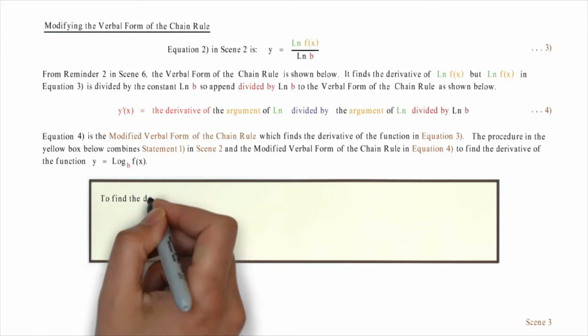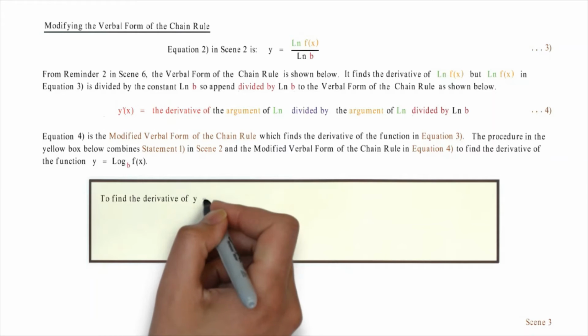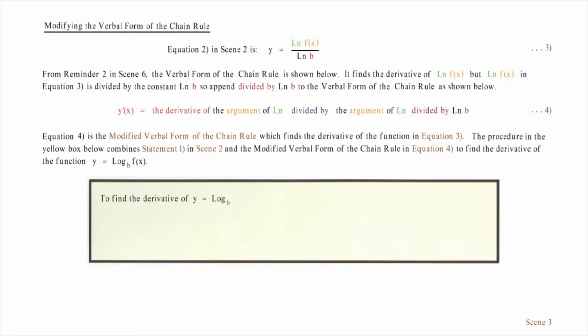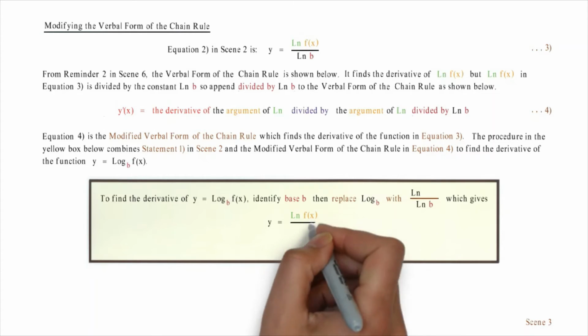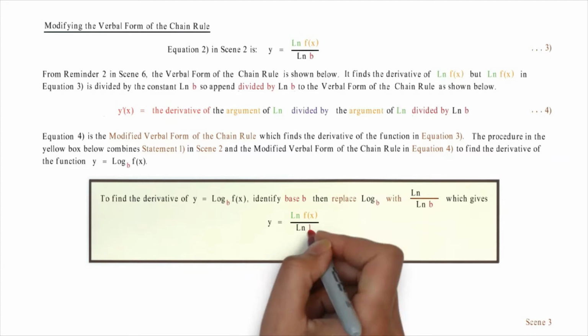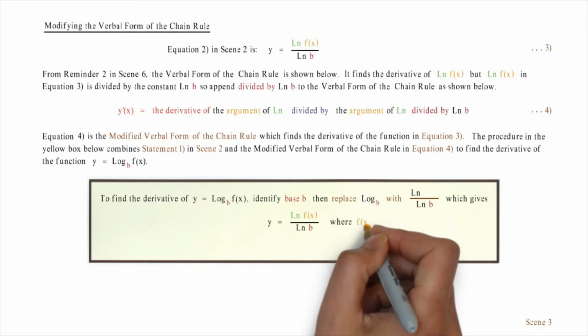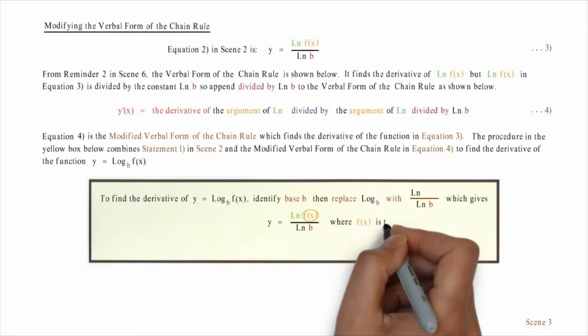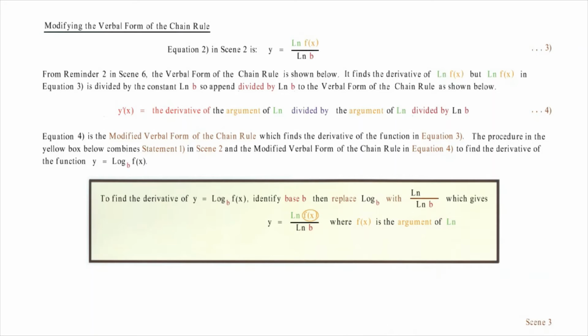To find the derivative of y equals log base b of f of x, identify base b, then replace log base b with ln divided by ln of b, which gives y equals ln of f of x divided by ln of b, where f of x is the argument of ln.